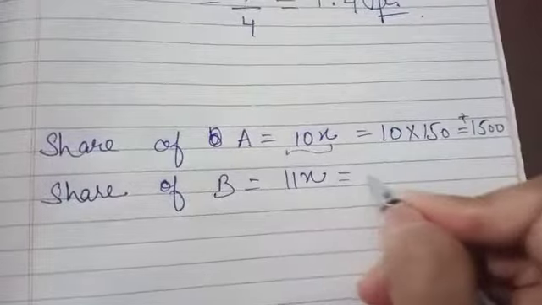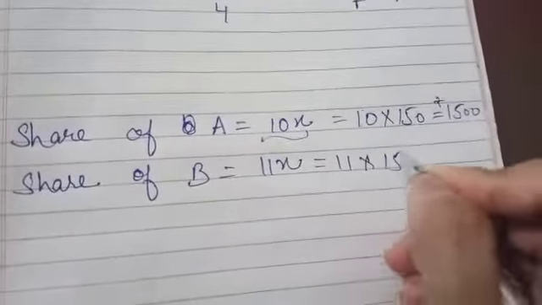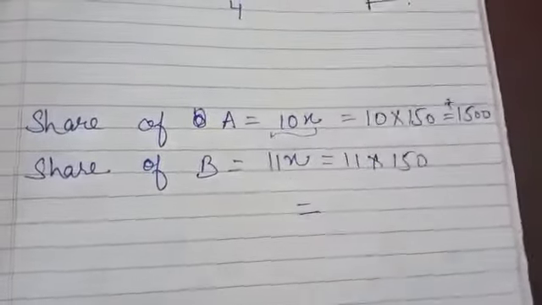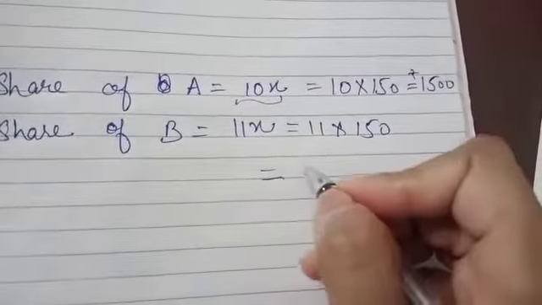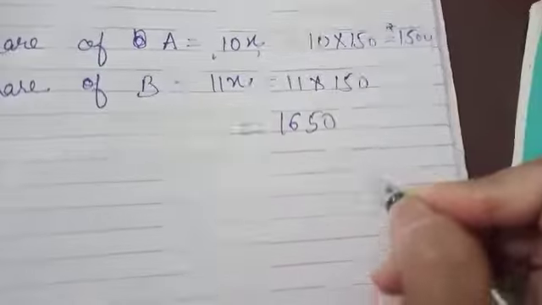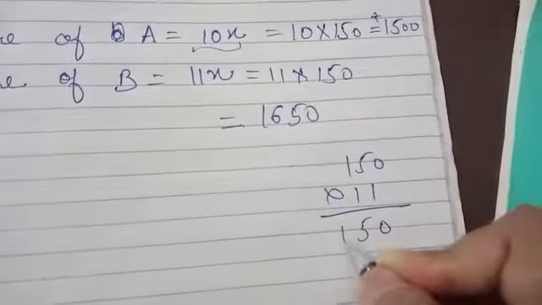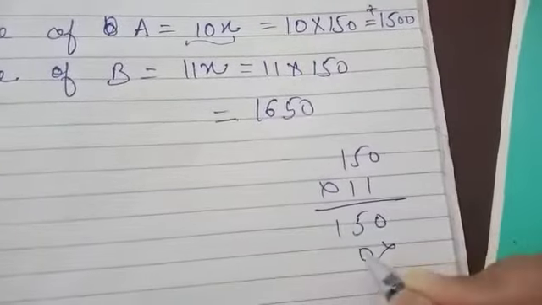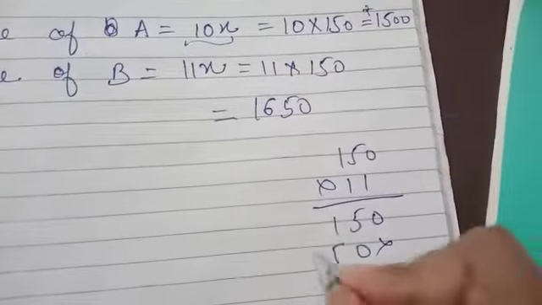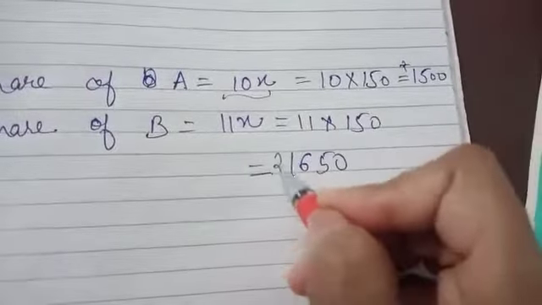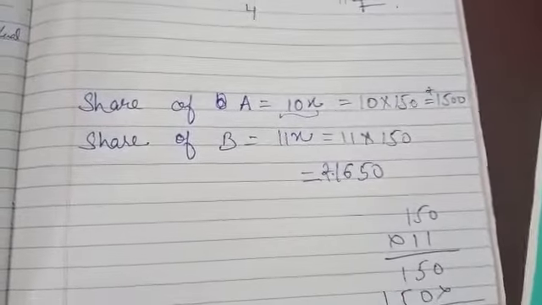Now share of B is 11 into 150. After multiplying, you will get 1650 rupees. That's all about this question. Next we will do in the next video. Thank you.